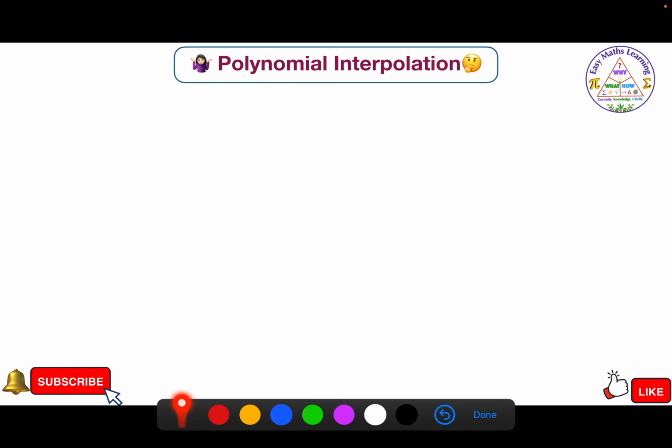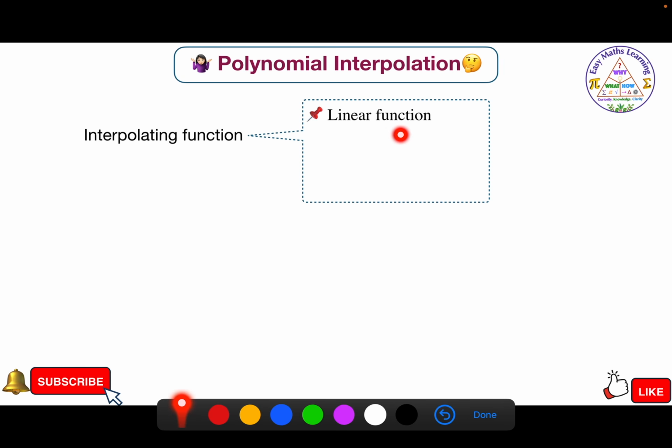Now an important question arises: what type of simple function should we choose as the interpolating function? In general, it could be a linear function, it may be a trigonometric function or exponential function or any polynomial. Okay, so all of these functions are possible for interpolating function.